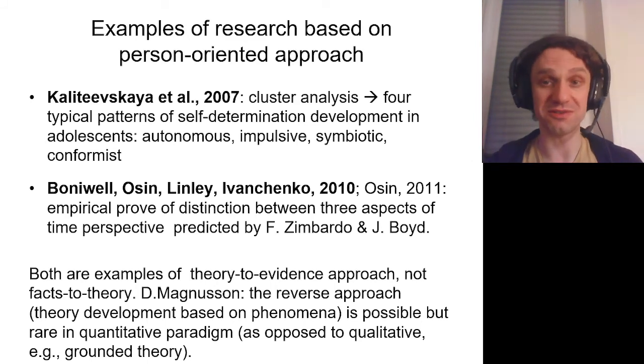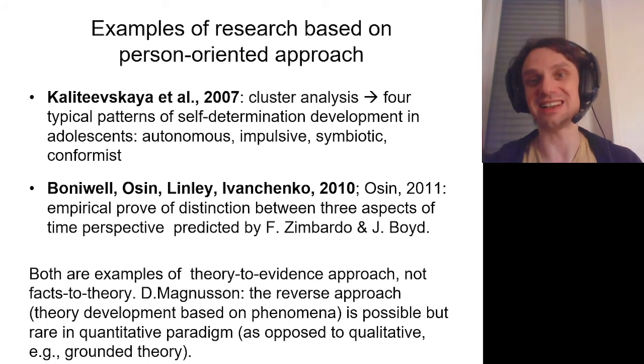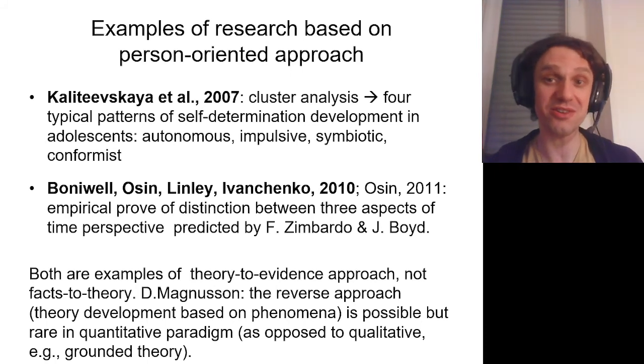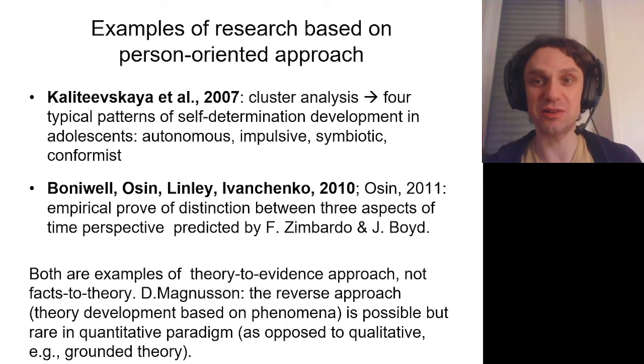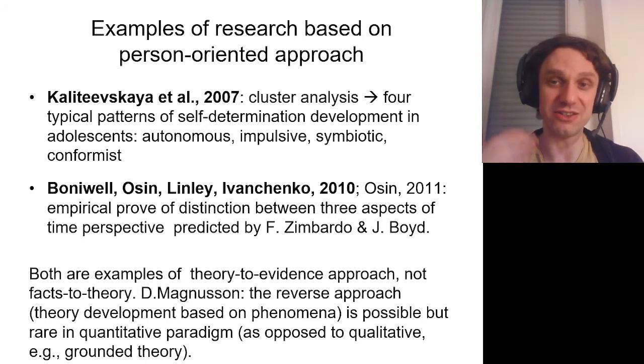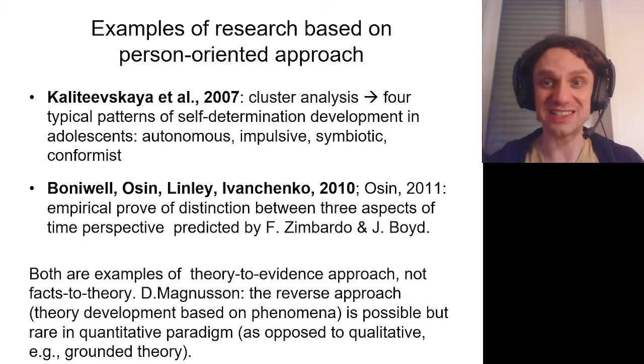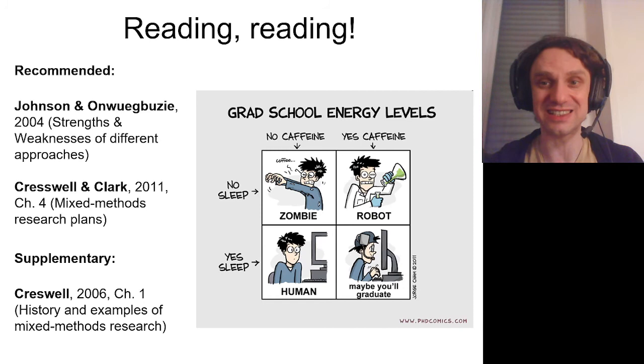So both of these strategies are quite possible. So if you encounter this notion of person-oriented approach, don't be scared. Essentially, it's good old quantitative methodology, but a little bit more advanced, applied to understand and classify individual patterns.